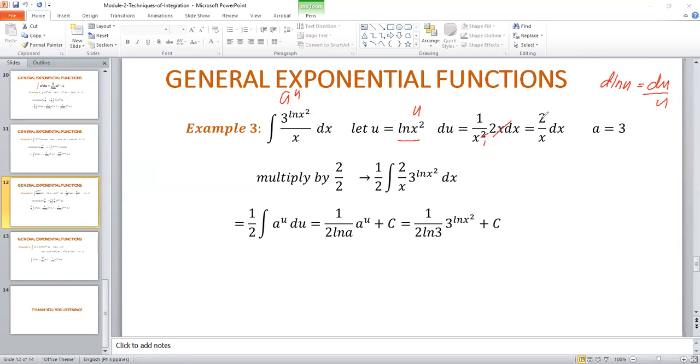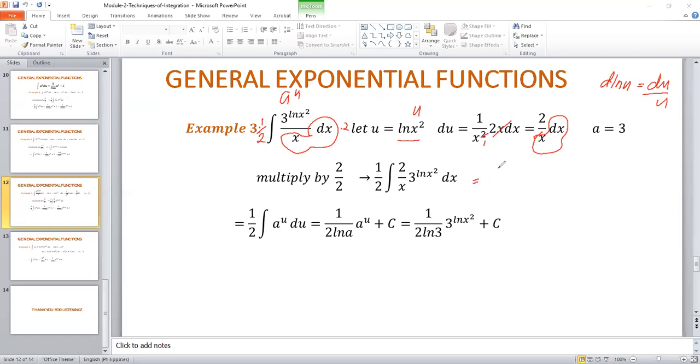So it's 2 dx over x, right? Now, this dx over x is already here, so you only need the 2. So you place the 2 here, and place 1/2 before the integral. So in the process, you have 1/2 now.